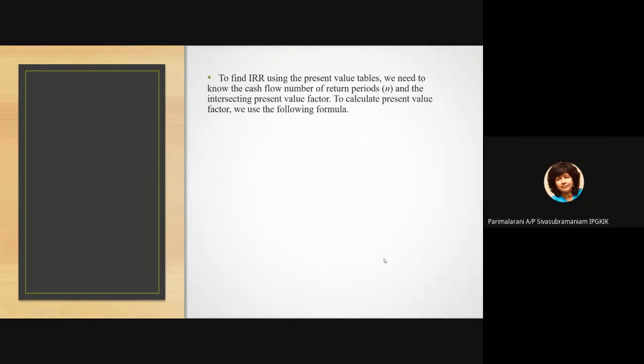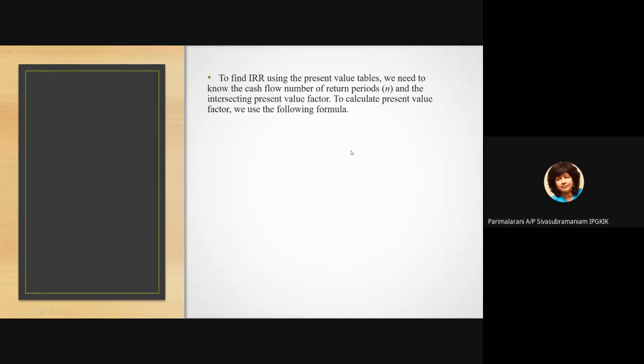To find IRR using the present value tables, there is one method that we can use to estimate the IRR before we use guess and check. We can use the present value factor tables. For this, we need to know the cash flow, number of return periods, and the present value factor.